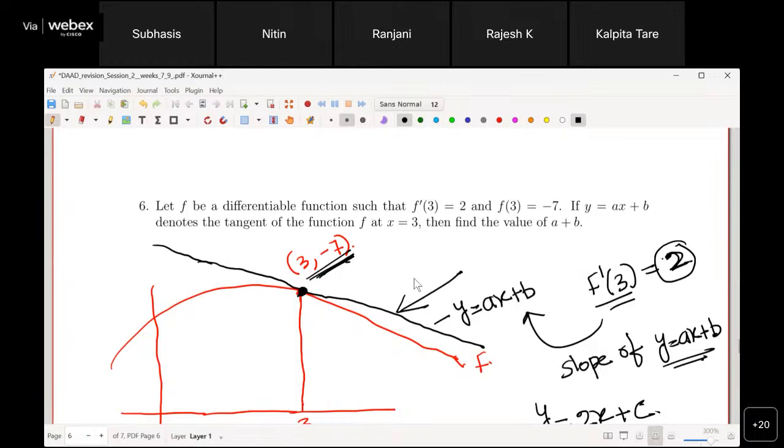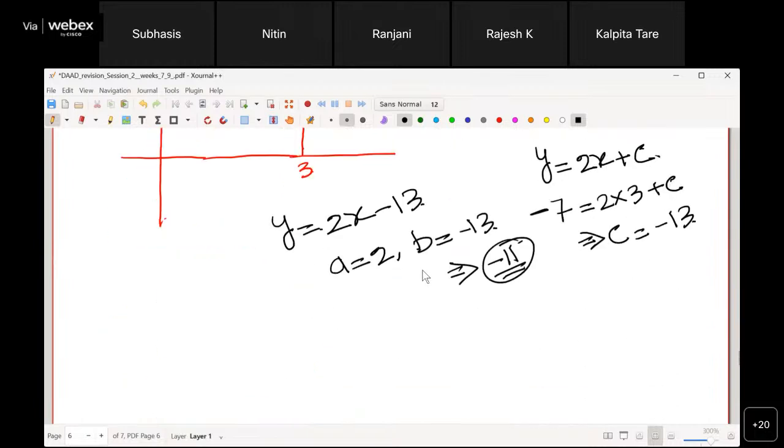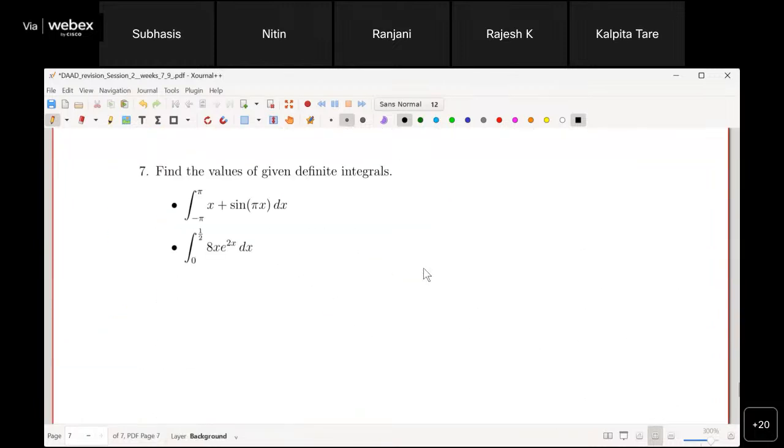Okay, so let's move to the next question. Basically what we need to do here is find the integrals of these two things. So can you tell me how I should solve the first one, this one? Since this is an odd function, the total will be 0.